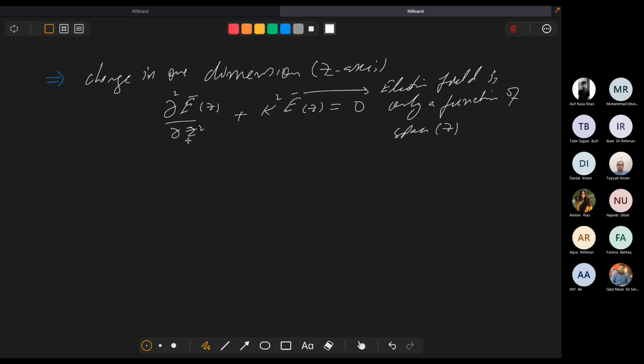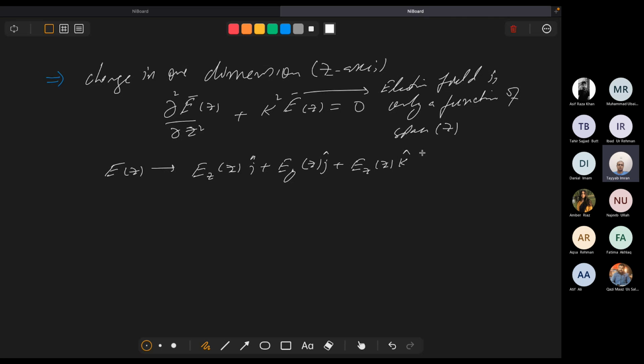Okay, so change in one dimension along the Z-axis, and the electric field, we are assuming that the electric field is only a function of space, that is Z. ठीक है, now after that, E we can write like the coordinate forms, ijk unit vectors.